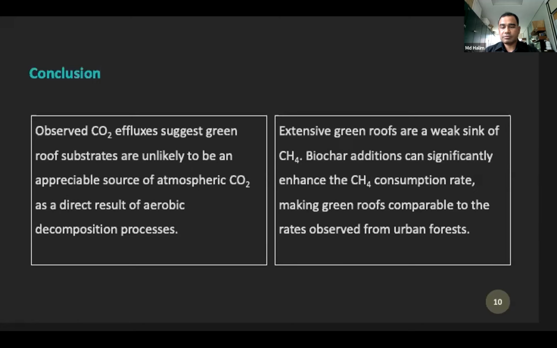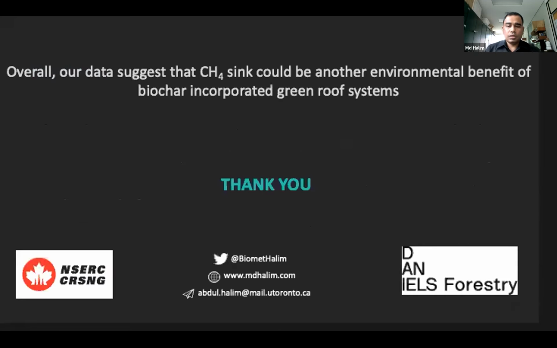Extensive green roofs are a weak sink of methane, but biochar addition can significantly enhance the methane consumption rate, making green roofs comparable to the methane consumption rates observed from urban forests. So overall, our data supports that the methane sink could be another environmental benefit of biochar-incorporated green roof systems.